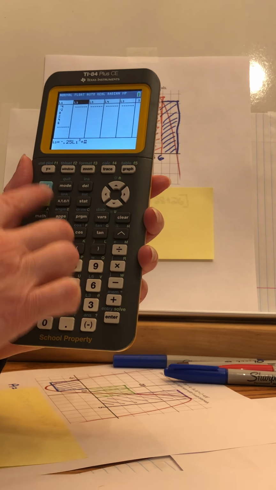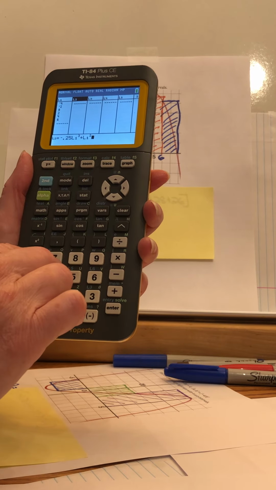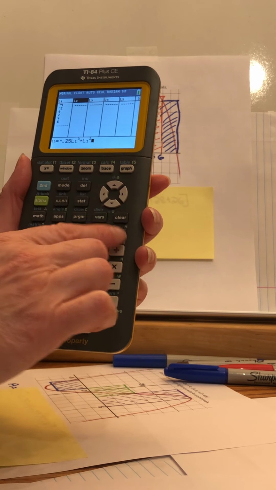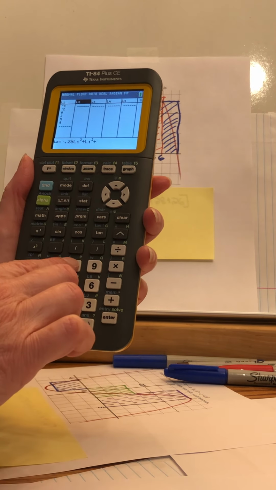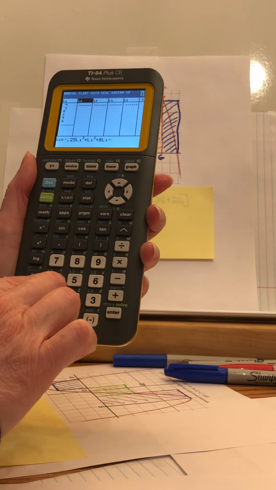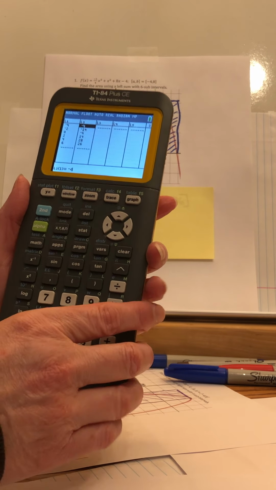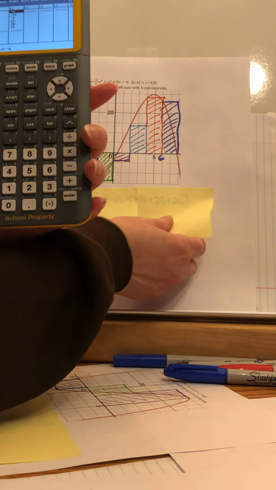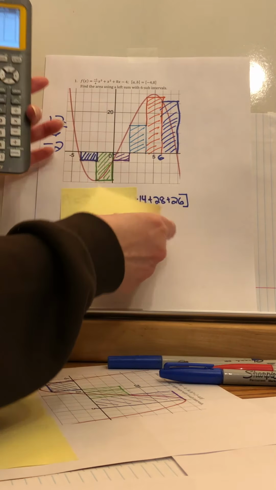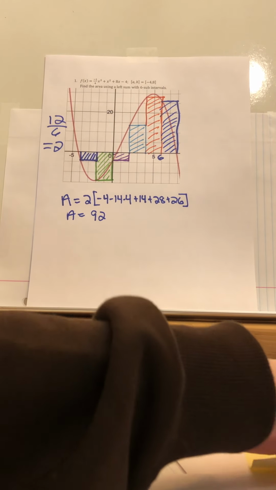Plus second L1 squared plus 8 second L1 minus 4. Hit enter, and I get the heights of my rectangles. And so if we look, there's the heights for my rectangles.